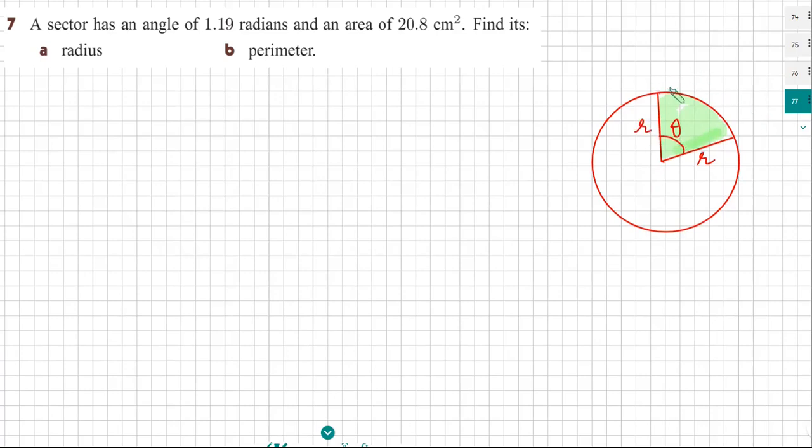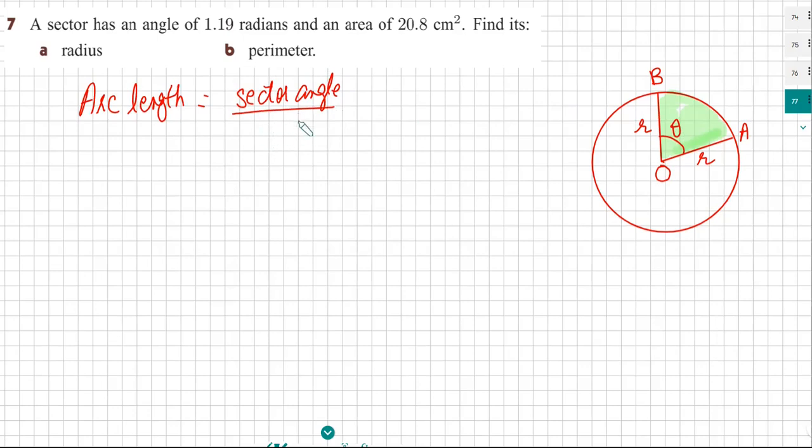What is arc length? Arc length will be A to B, and say center is O, right? So finding the arc length, I'm just writing the formulas first. Arc length is equal to the sector angle divided by the total angle of the circle, that is 360 degrees or 2 pi.